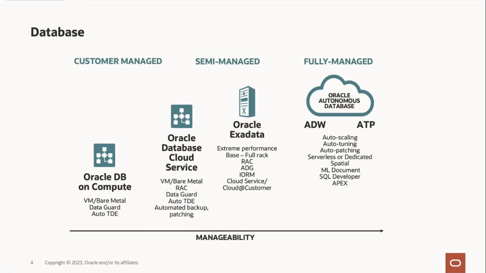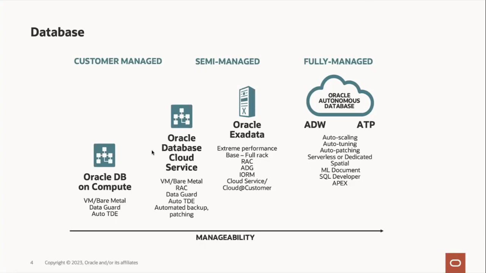The next two are cloud services. Number one, Oracle Database Cloud Service, and then Oracle Exadata Cloud Service. The essential differences between the two are where they can be implemented and also the kind of hardware that they're on. So number one, with Oracle Database Cloud Service, you're simply again having Oracle do some of the background work for you.